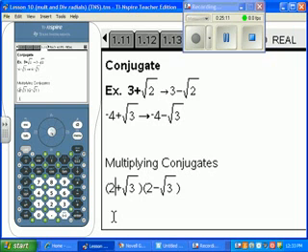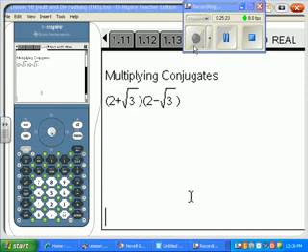Okay? So if you look down here, I've got us multiplying by a conjugate. How am I going to multiply those? FOIL. So I want you to go ahead and multiply that out for me and see what happens. Let's FOIL. 2 times 2? 2 times the negative square root of 3?